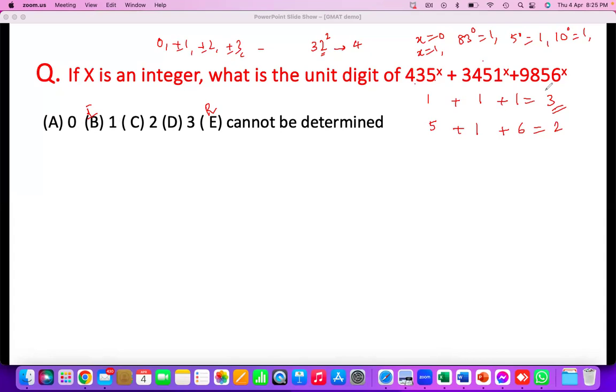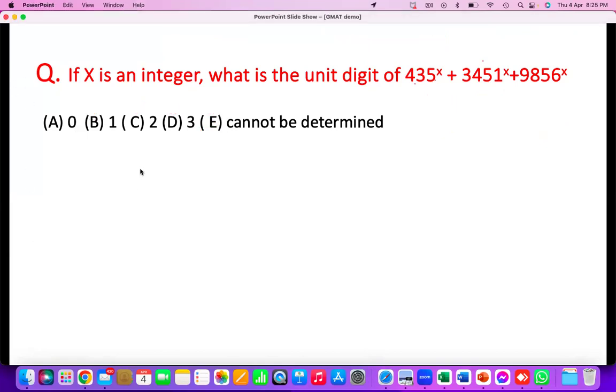You can't say it's 3 or it's 2, and that's why the answer is cannot be determined. You can't tick 2, you can't tick 3 either. Is this clear, Indrani? Yes. Ronak, understood? Understood.